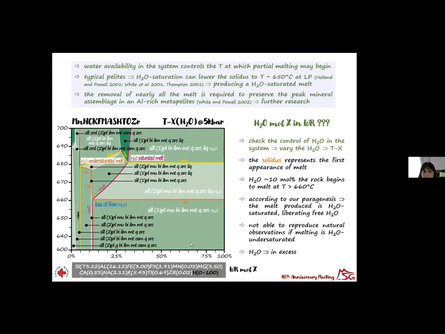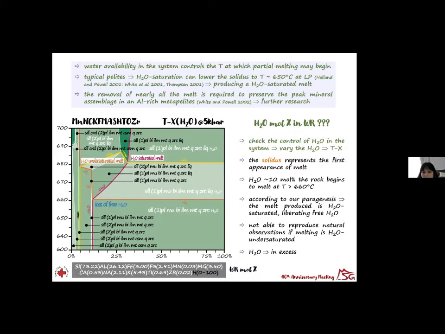We found that the solidus, which is this line represented in orange, is above 660 degrees. And we just need about 10 mole percent of water for the rock to begin melting.